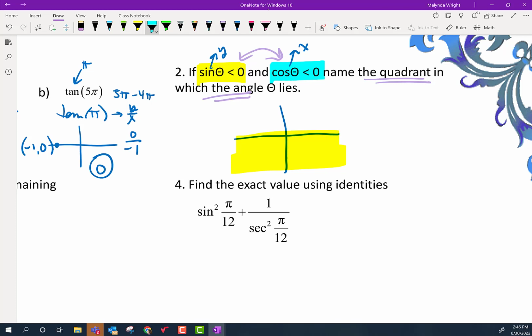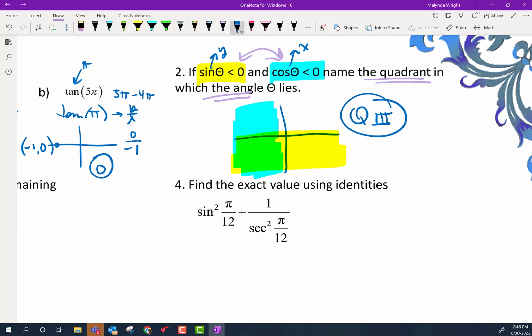What do we got? Yes, ma'am, 2 and 3. That's exactly right. So our answer is going to be where those overlap, where both of those things are true. Both of those things are true in quadrant 3. And so that's our answer, quadrant 3. Okay?